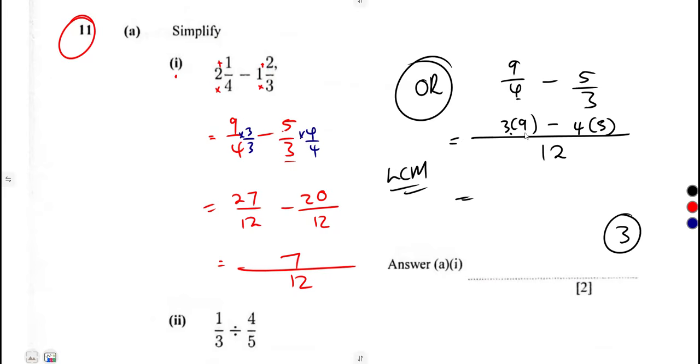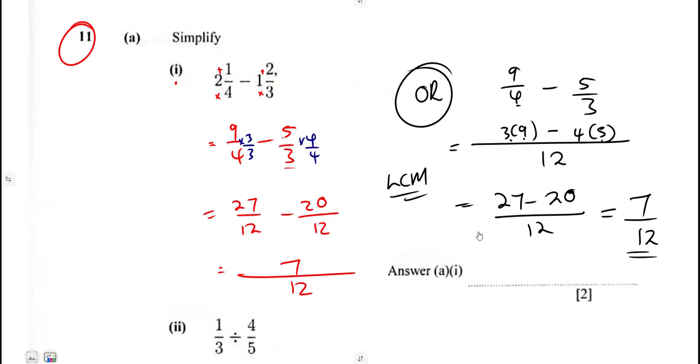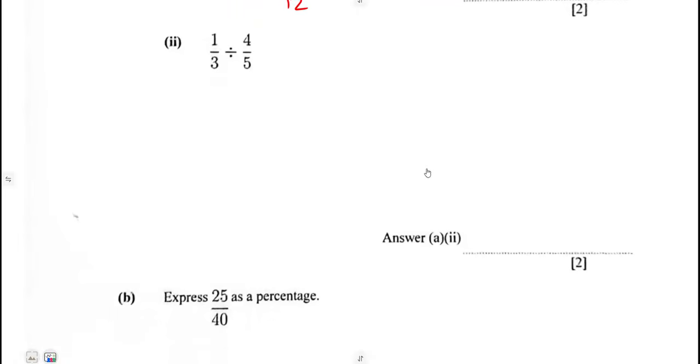So that was going to be 9 times 3, 27, 4 times 5, 20, over the denominator, 12. So 27 minus 20 over 12. So as you can see, the same answer just like before. This was going to give us 7 over 12.